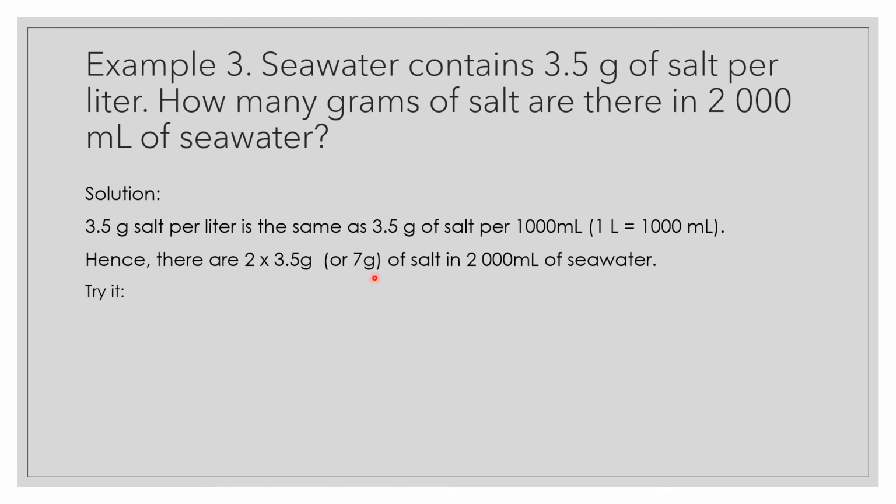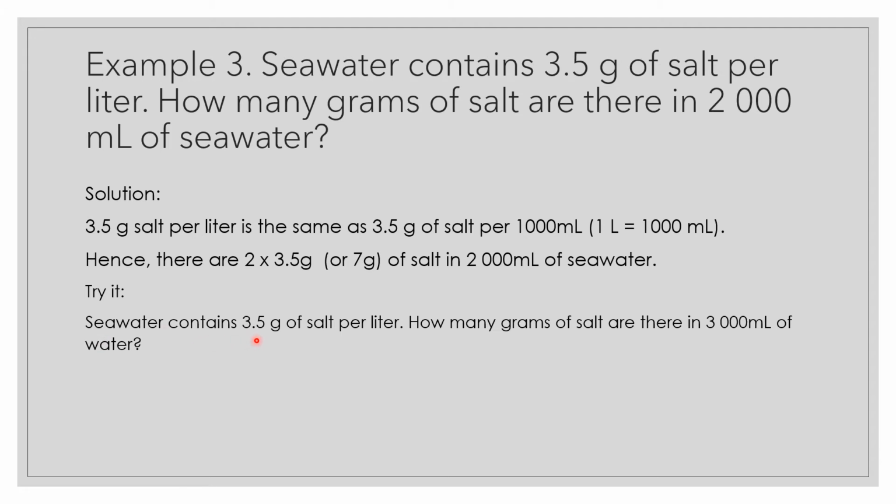Because per liter, 3.5 grams is for 1,000 ml, or 1 liter. So that means if you have 2 liters, or 2,000 ml of seawater, there are about 7 grams of salt. Okay? That's it.